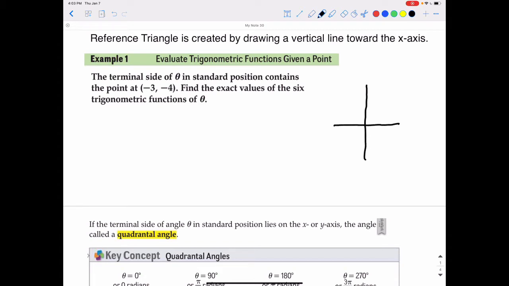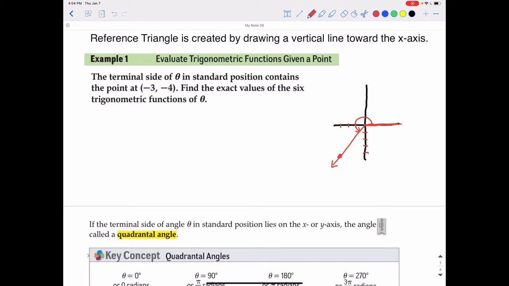The terminal side contains the point (-3, -4), so the point would be right here. My terminal side goes through that point, and if this is my initial side right here, this is what my angle would look like.